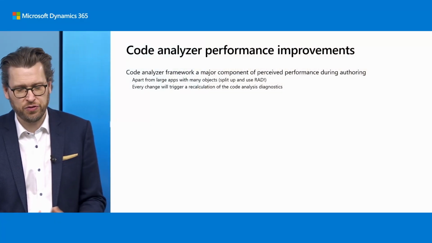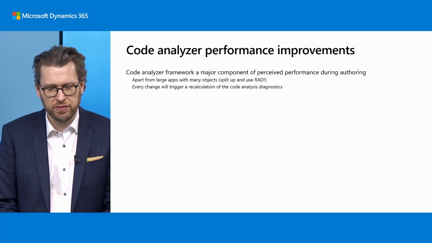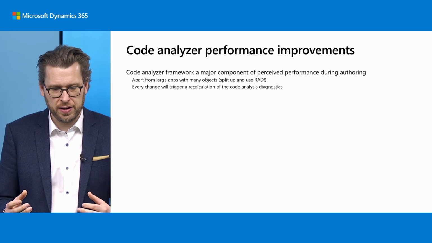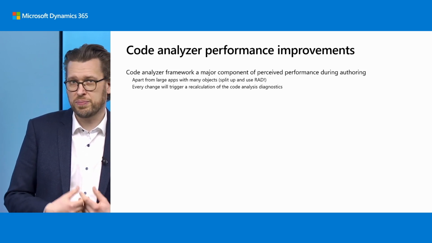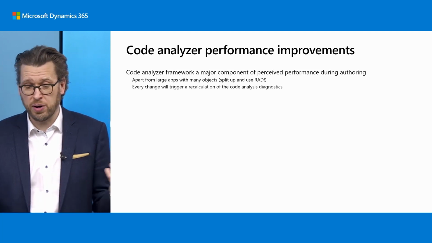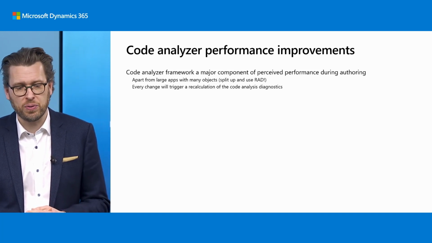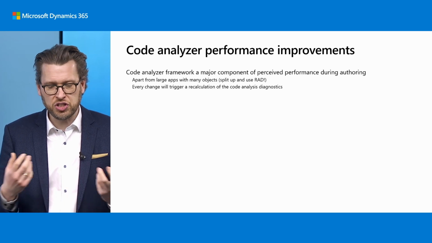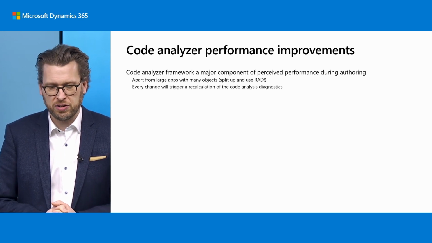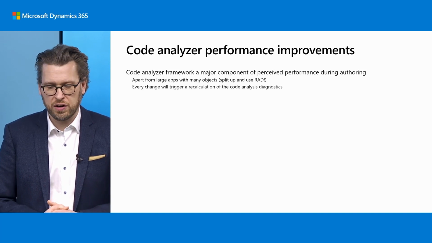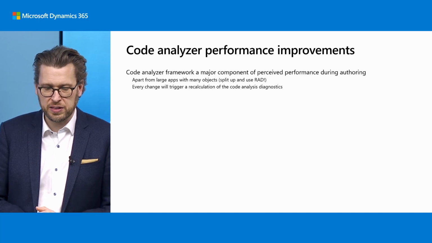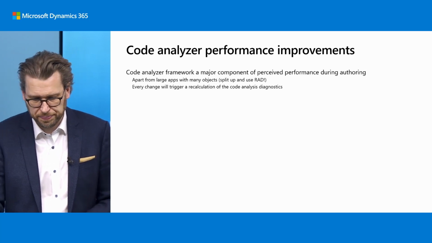The code analyzer framework is a major component of the perceived performance during code authoring. So apart from large apps with many objects, which you can improve performance with by splitting them up or using rapid application deployment, every change will basically trigger a recalculation of the code analysis diagnostics. And that's why the performance of the code analysis can actually have quite a big impact on especially larger solutions.